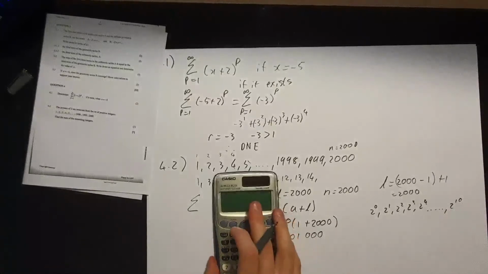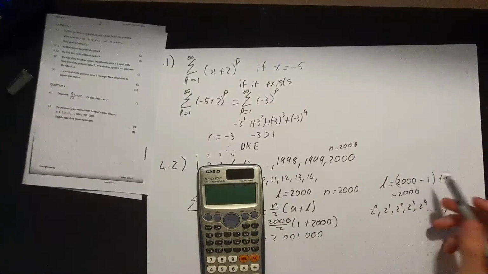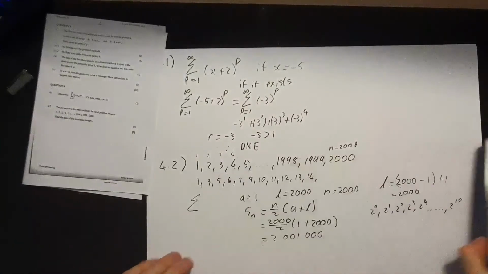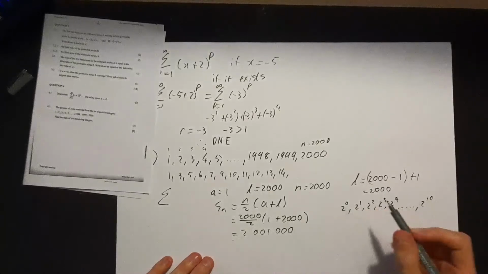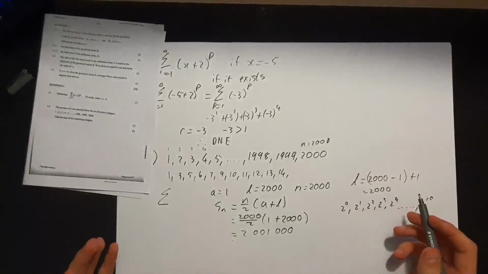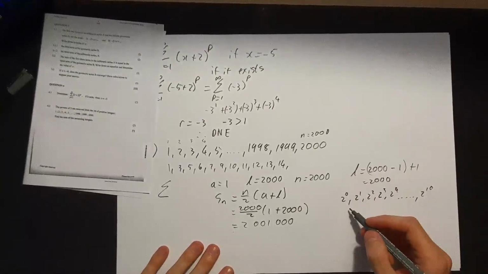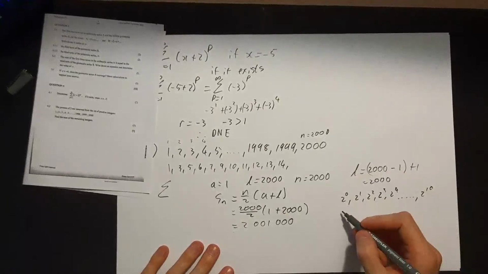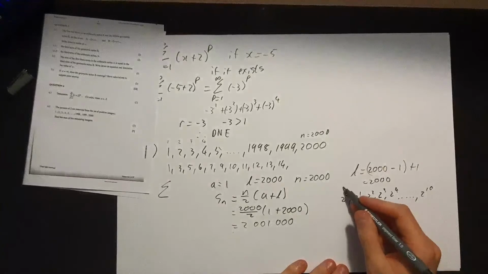With this, it's sometimes just trial and error. Otherwise, you can break this number up. Now we've got to deal with this sequence over here. What are we dealing with? We're dealing with a geometric sequence.